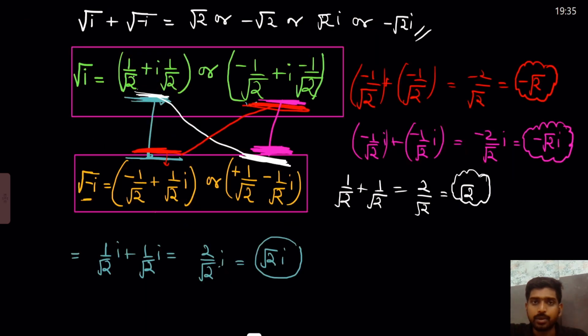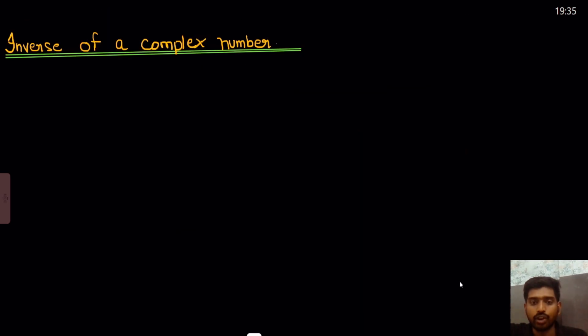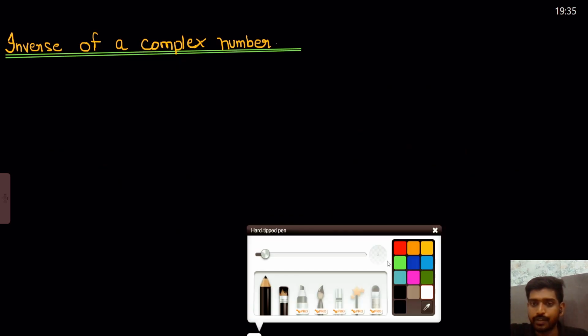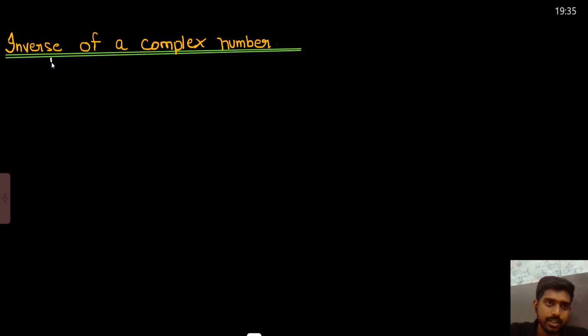Okay. Now next topic is inverse of the complex number. So there are two kinds of inverse in a complex number. The first kind of inverse is additive inverse, the additive inverse of a complex number.